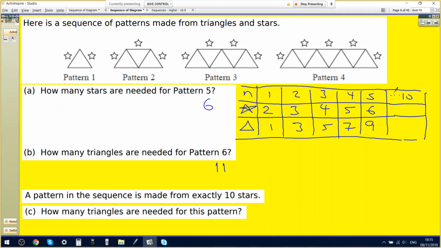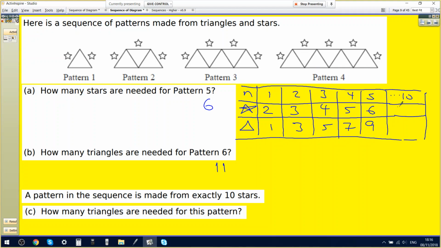The pattern number and the number of stars. For every 1 star, 2 more triangles appear. So just the connection between n and star, pattern number and stars. Goes up in 1 each time.